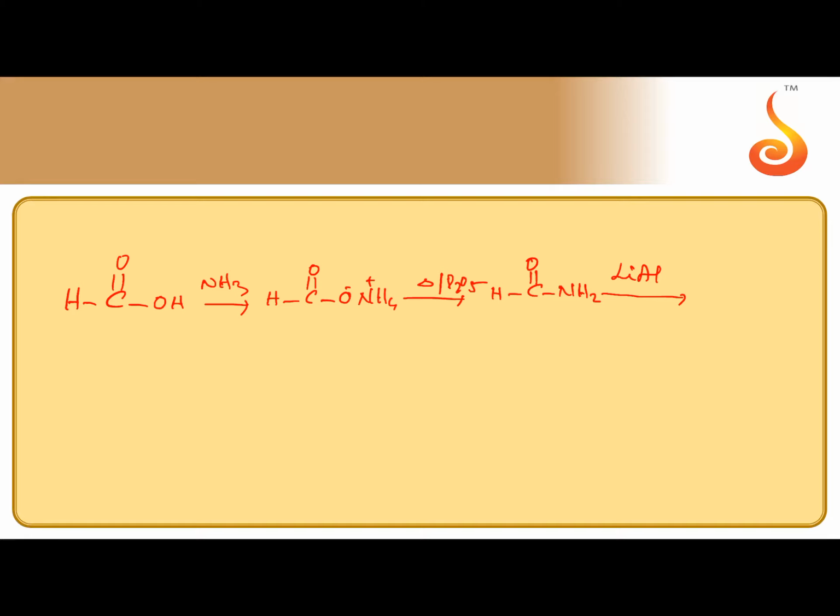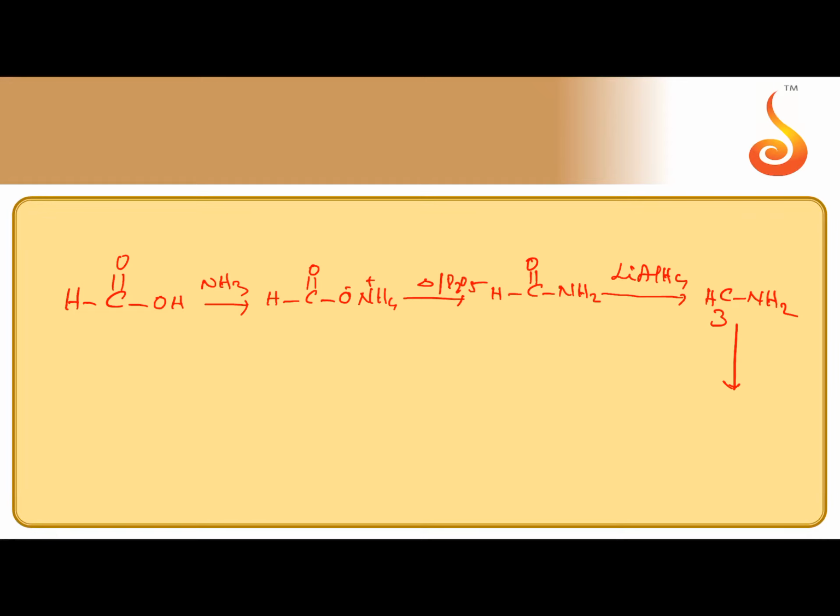Now you check option A, which is formic acid, HCOOH. On reaction with ammonia, it gives ammonium formate salt, which on heating with P2O5 gives the amide, methanamide. Methanamide on reduction by LiAlH4 is reduced to methylamine, CH3NH2.